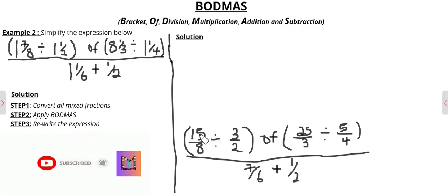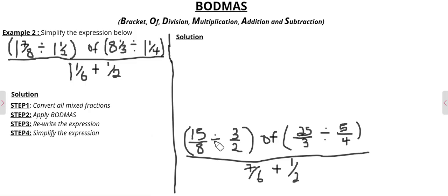So let's treat the terms inside the bracket first. So we have 15 all over 8 divided by 3 all over 2. Remember, you can't work with this division here. All you need to do is change this sign to multiplication and then invert the term after the division sign.